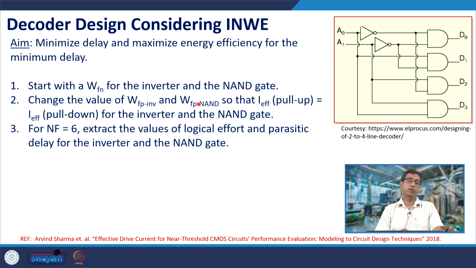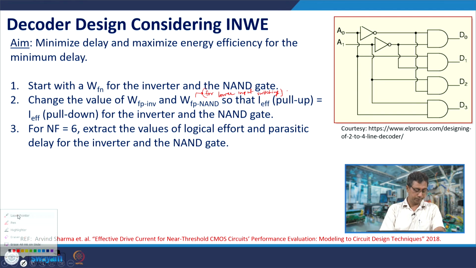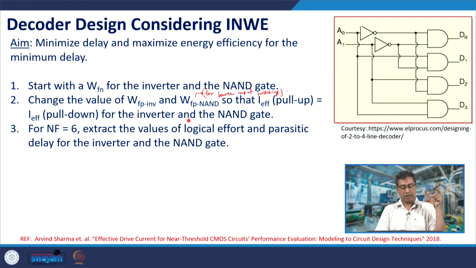Likewise, for the NAND gate, for one of the inputs switching, usually the lower input in the series stack of N MOSFETs switching, we will adjust the value of WFP of the NAND gate, that is the finger width of the P MOSFET, such that effective pull up and pull down currents of the NAND gate match.